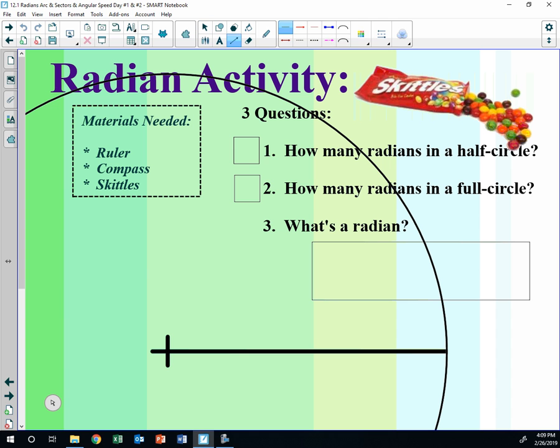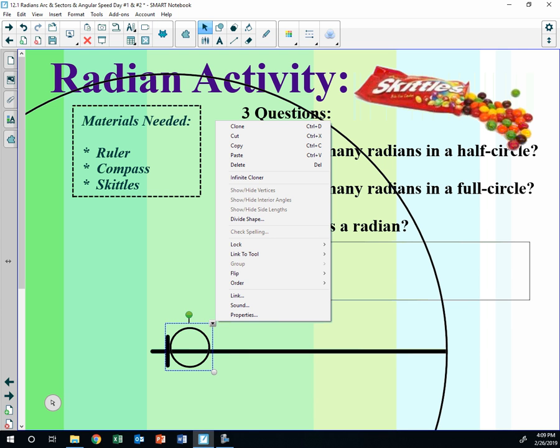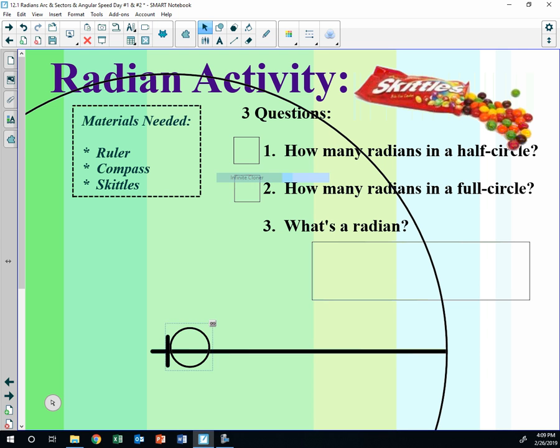And so what we did in the class is we took Skittles and we lined them up. I'm going to just take this and we'll do a little infinite cloner. We'll pretend these are 7 Skittles. Here's 3, 4, 5.